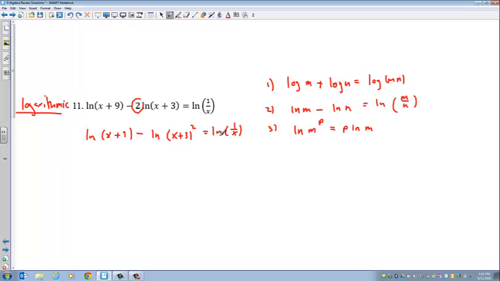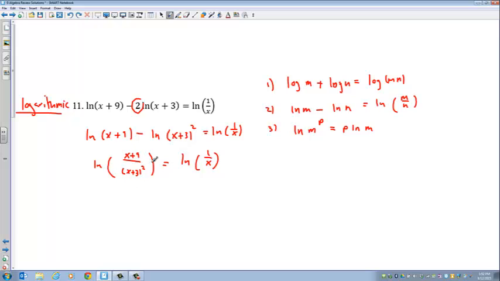That's a little bit better, because now I can deal with that subtraction, because I know if I have ln of something minus ln of something else, I can divide those things inside. So this is actually ln of x plus 9 divided by x plus 3 quantity squared, is equal to ln of 1 over x.